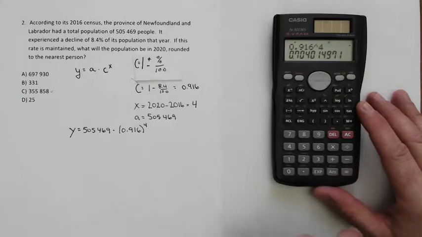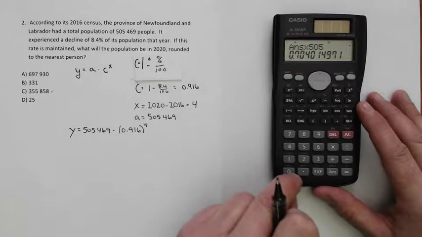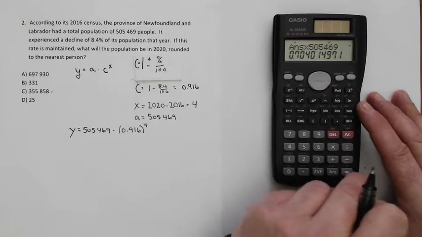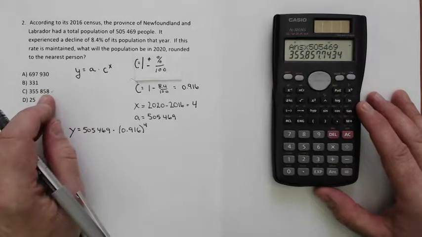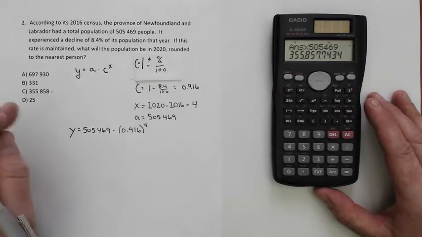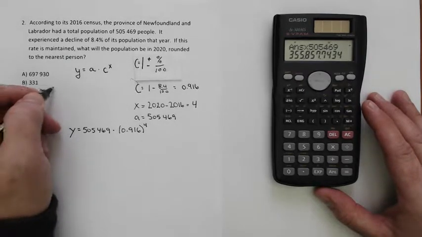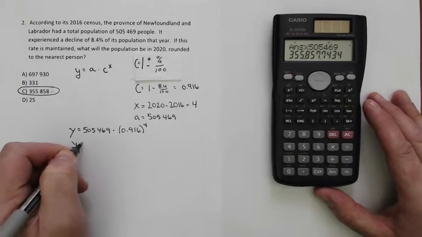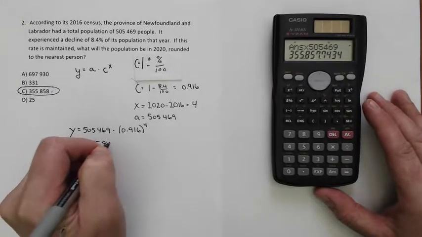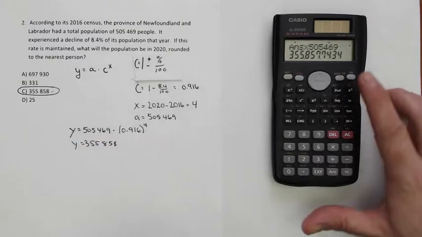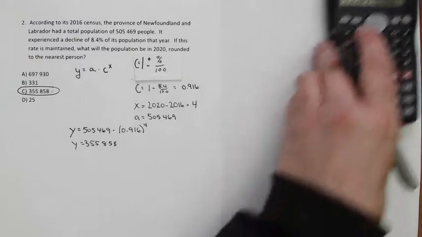It's going to give me that number, which I'm then going to multiply by 505,469, and that's going to give me 355,857.7, which of course rounds off to 58. So my answer is C. Y equals 355,858.